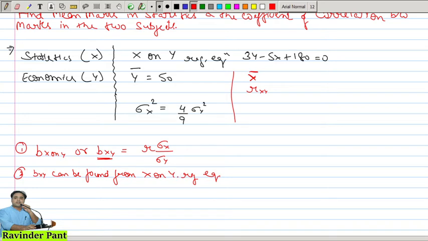Now how to calculate this mean? See, in the previous question also we know that these two lines pass through the point of their mean. So we can put the value of one mean and we can get the value of other.